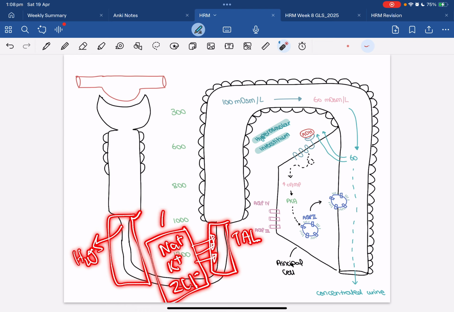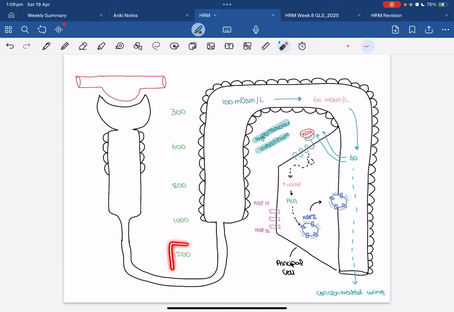This uses a specific channel called the sodium potassium chlorine co-transporter. They actively transport sodium and chloride ions into the interstitium, so this helps to create a hyperosmotic environment. Hyperosmotic means that you have an increase in osmolarity.